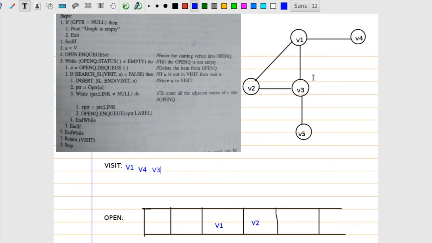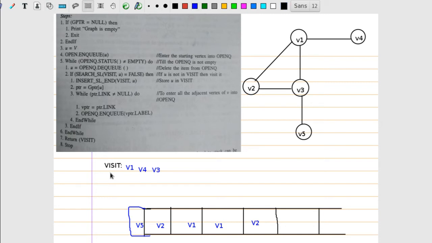The neighbors of V3 are V1, V2 and V5, which are added to the queue.